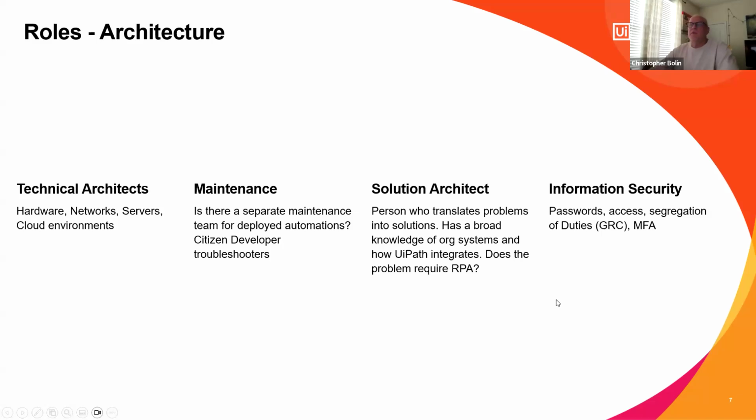Solution architect is probably going to be one of the most important people in your CoE. This is the person that's going to actually work with your business team that wants the automation, from the kickoff of the project until the closure of the project. This person is involved in everything. And this is different than your project manager. A solution architect is going to be more intimate with the business process and the automation tools. These are often people that have progressed beyond being RPA developers, and they've taken classes or training to be either a UiPath certified solution architect or in some other fashion.